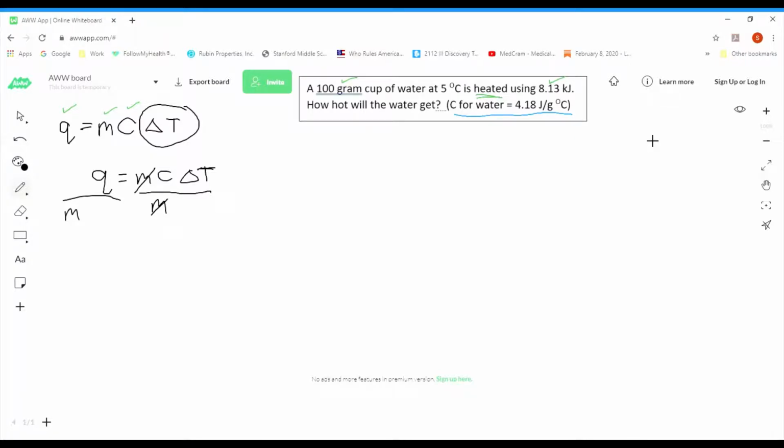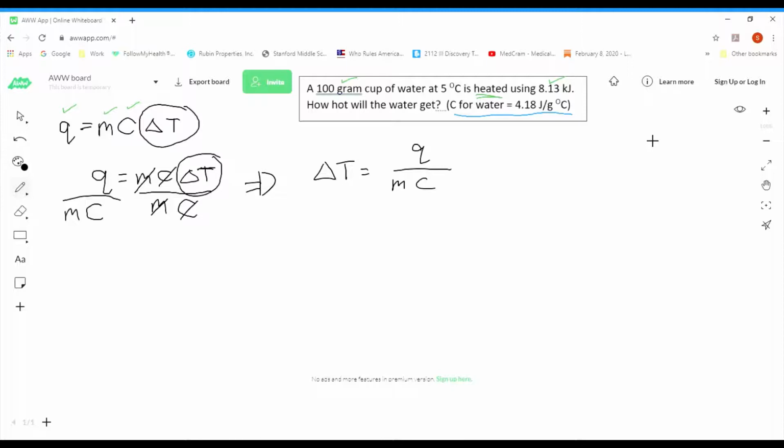Now we just need to get rid of the C. Since C is being multiplied by delta T, we need to divide by C so that they cancel, and since we divided one side by C, we need to divide the other side by C. Now we have our delta T by itself. We can rewrite that delta T is equal to Q divided by M times C.